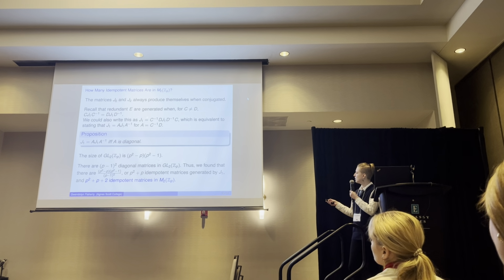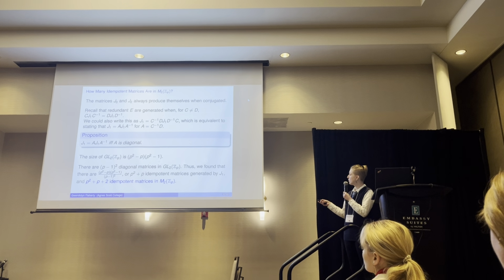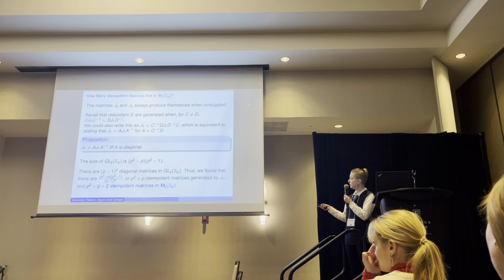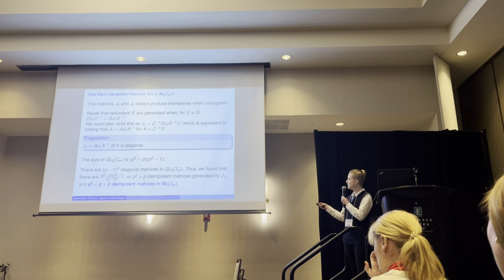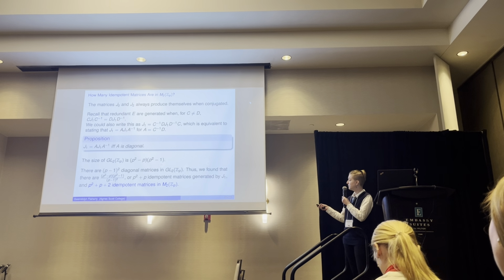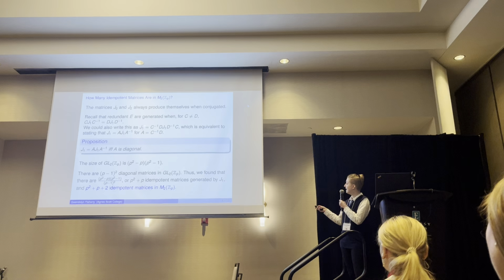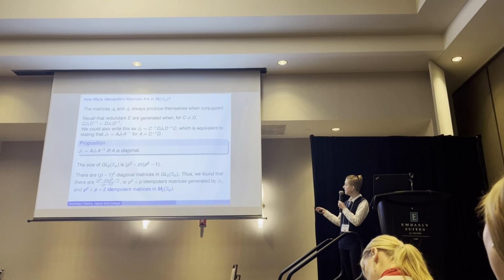So we can recall that redundant E are generated for some C not equal to D. These two sides are equal to each other. We could rewrite this equation by conjugating both sides by C inverse. And that produces J1 is equal to this.